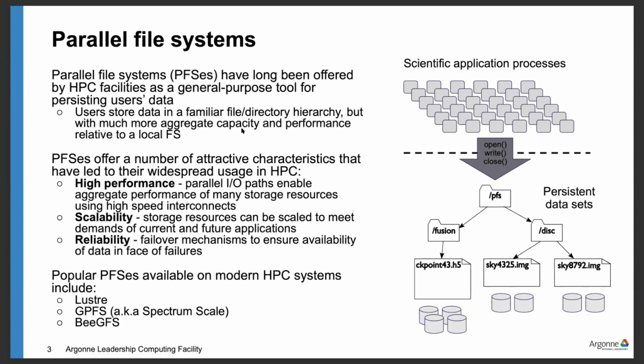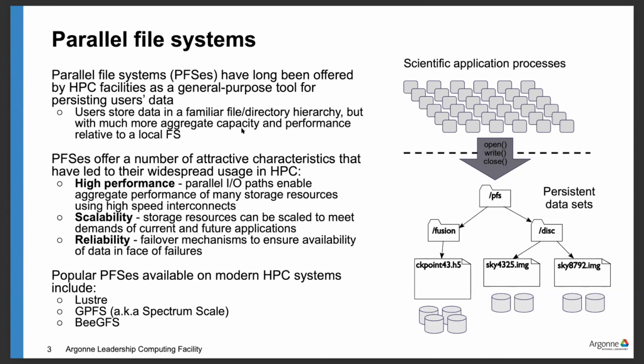So, as this figure shows, there's a bunch of scientific application processes that are issuing different I/O calls to the file system to create new files or read or write data. And you can see this simple structure over here with a top level PFS directory and then subdirectories, with the actual files within the lower level directories.